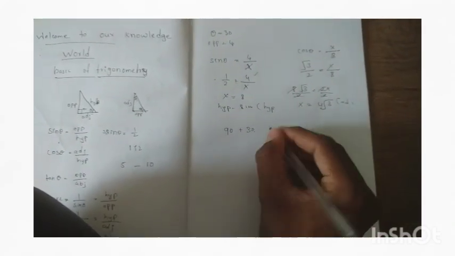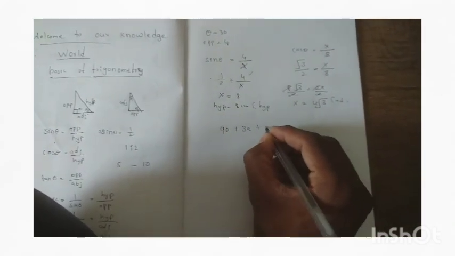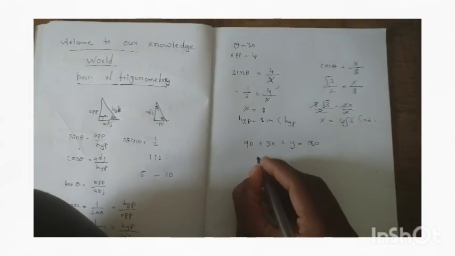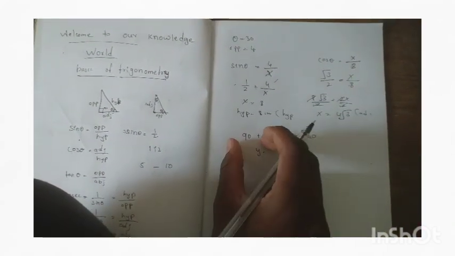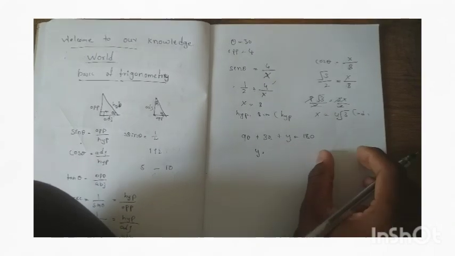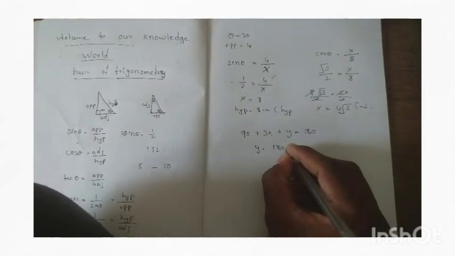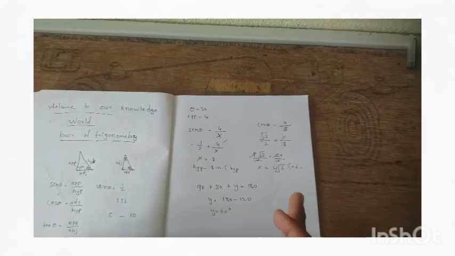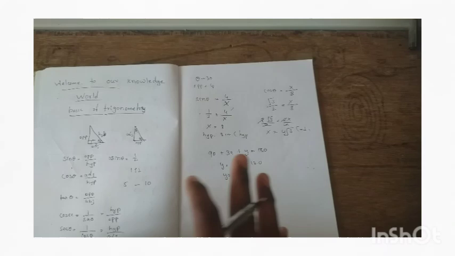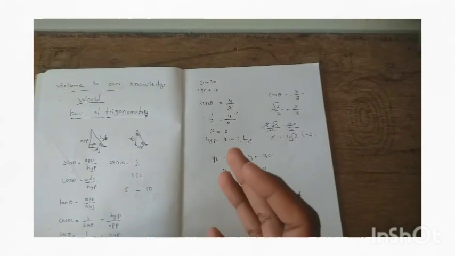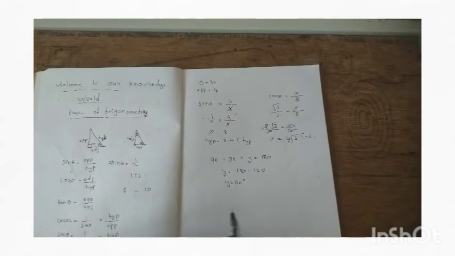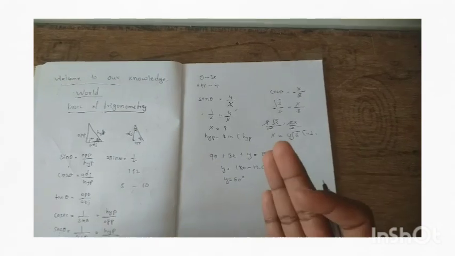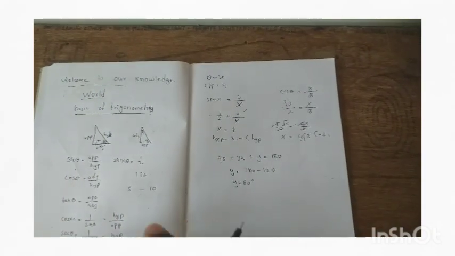To find the other angle, we take it as y, and y equals 180 minus 120, so y is equal to 60 degrees. Look, this is magic. Today we understood the angles, how to use them, and what the sides are.